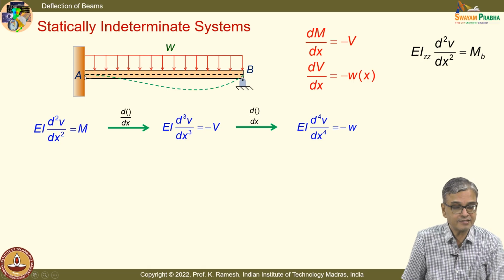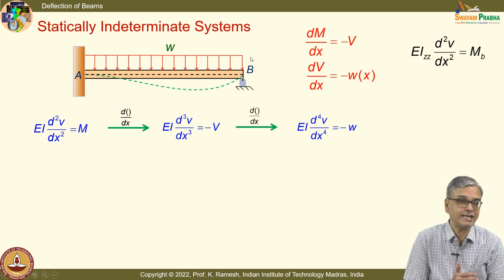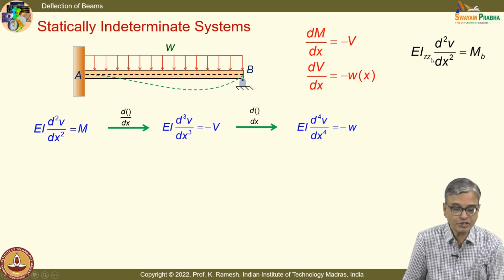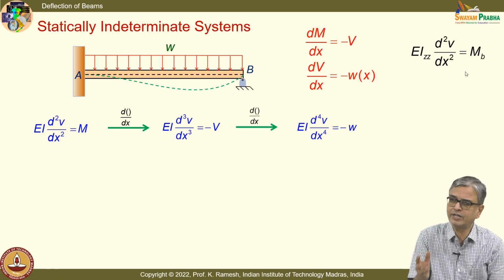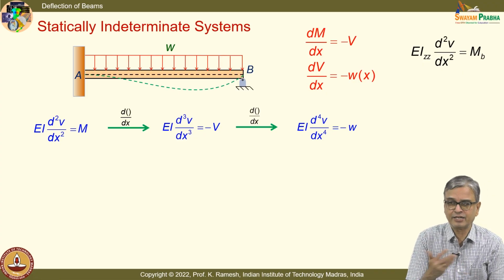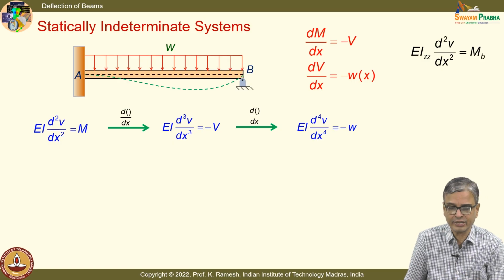See, this is a statically indeterminate problem because you do not know how to find this reaction. From the principle of statics, you will not be in a position to do it. If you are not in a position to do it, then you cannot write the bending moment. So, I cannot use this equation directly. If you find out the reaction, you can always employ that.